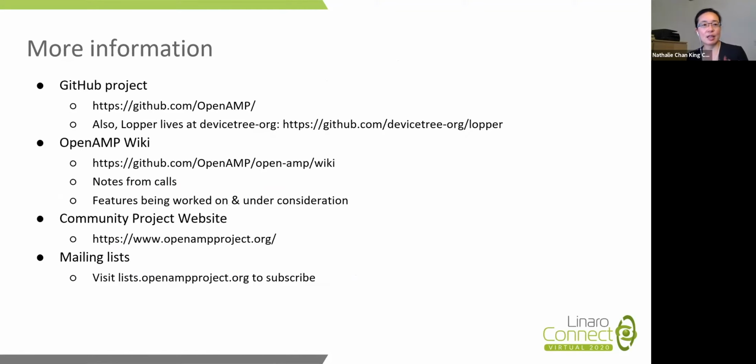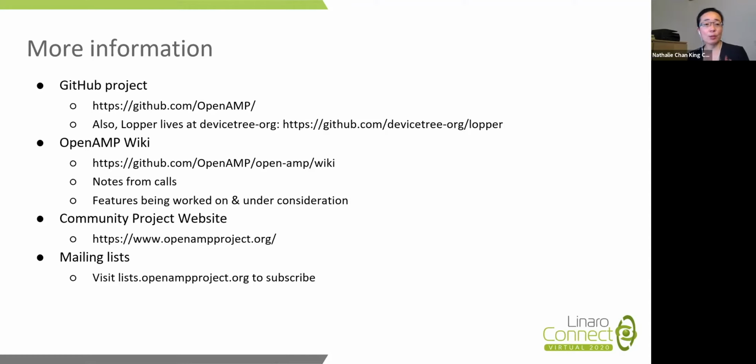And then this slide provides some more information if you would like to look up later how to check out the code. We have most of the repositories in the OpenAMP GitHub, but because Lopper is related to device trees, that is living at the devicetree.org GitHub.